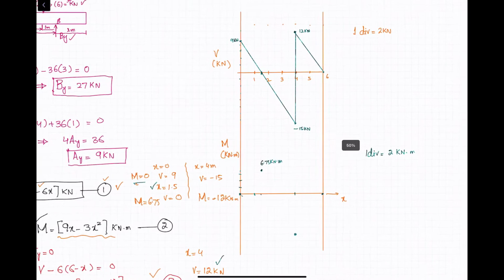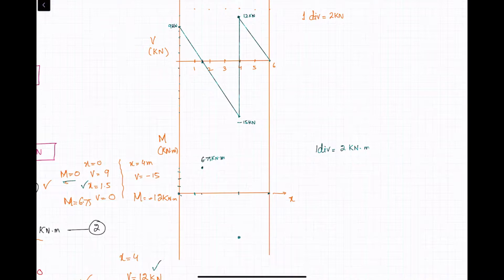Now you can check that this line is a straight line with the slope decreasing. So your bending moment will be a second degree curve, and the slope will be clockwise. So you have to draw it like this. Clear? Again, from this point till this point, from x is equal to 1.5 till x is equal to 4, you can see this shear force line is again a straight line with a slope decreasing.